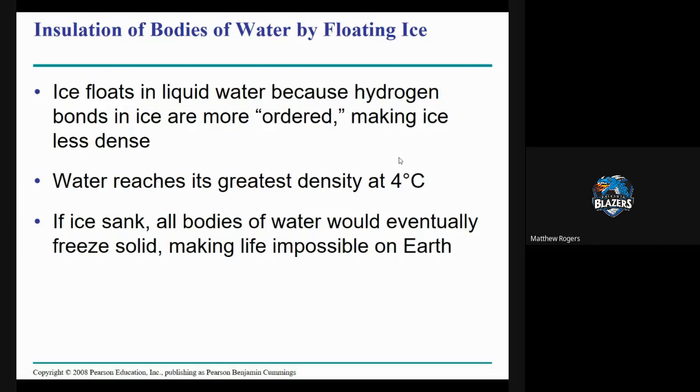So ice is unique in that water is one of the only things on Earth whose solid is less dense than its liquid. Most things, when they become a solid from liquid, become more dense and sink in their own liquid. Water doesn't do that. Water floats.